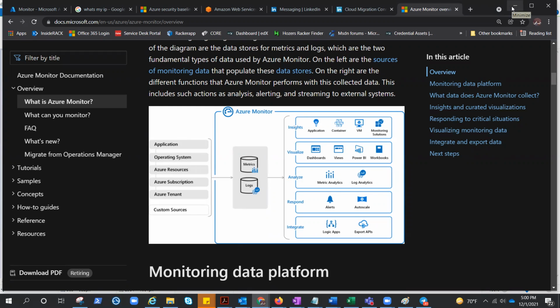All right. So all data collected by Azure Monitor fits into one of two fundamental types, metrics and logs. Now, if someone asks you what metrics are: metrics are numerical values that describe some aspect of a system at a particular point in time. They are lightweight and capable of supporting near real-time scenarios. And then what are logs?